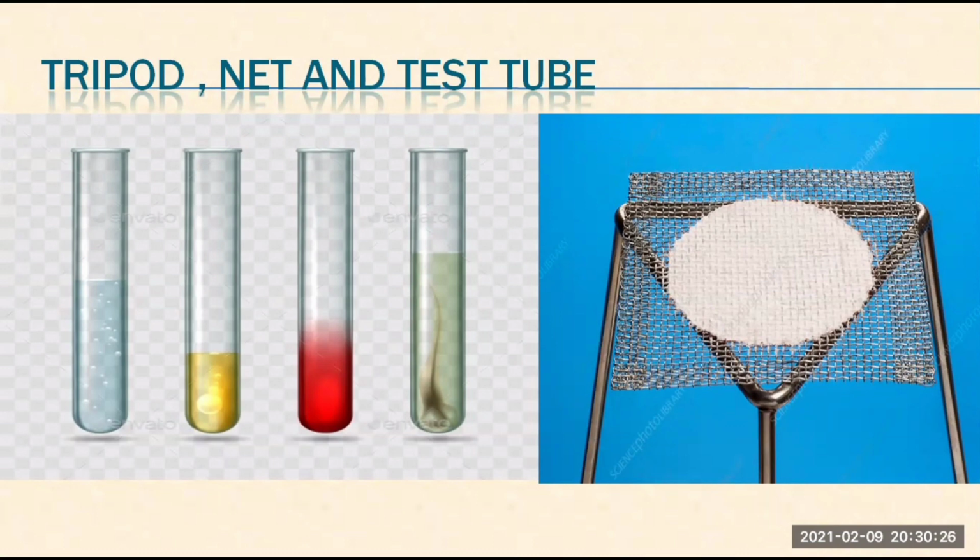On the tripod there will be a net, because this net helps to keep the beaker steady. And this is a test tube; different types of liquid substances are kept in different test tubes when a scientist wants to do an experiment.